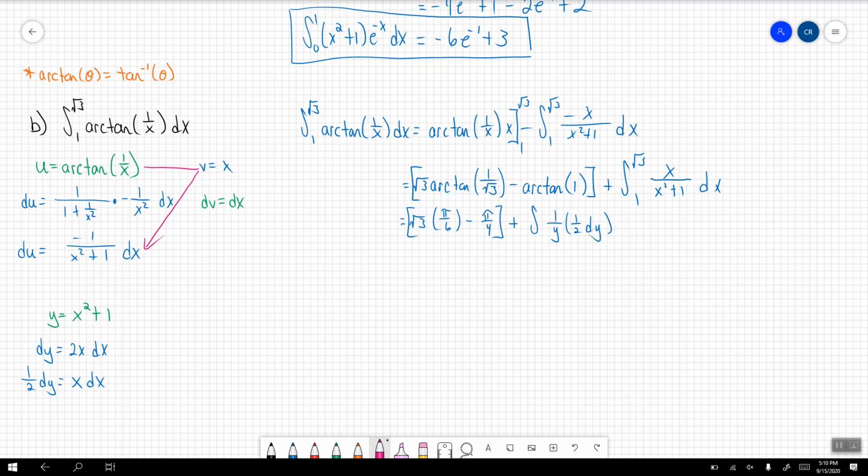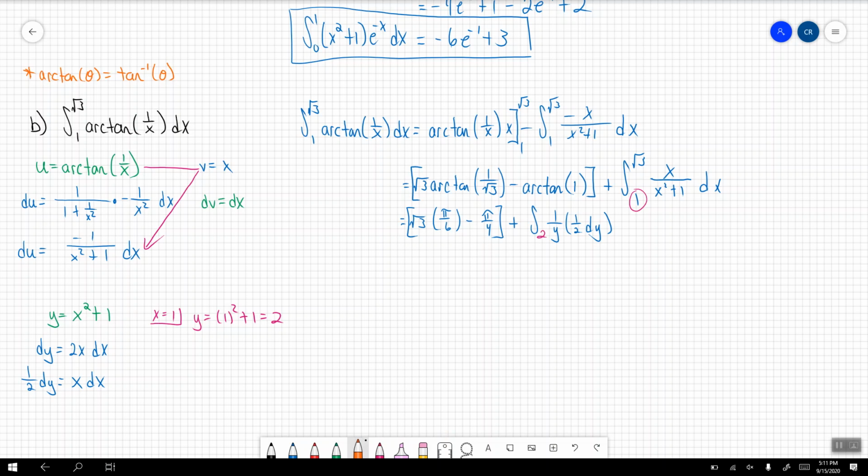Now my bounds. For my bounds, I have that x is equal to 1, so that's one of the bounds that I need. So x is equal to 1, what is this going to tell me about my y values? Well, this tells me that my y value is 2, which means for my lower limit of integration we get a lower bound of 2.